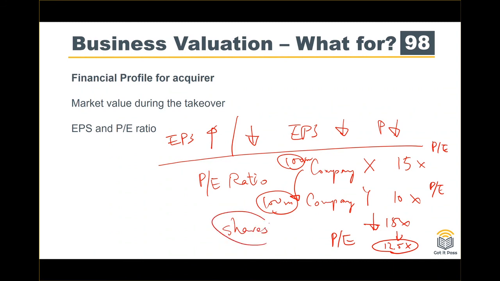When it issues shares to buy company Y, it is more beneficial to its shareholders, because a higher valued company is buying a relatively low value company, which finally can combine so that the payback period for the shareholders of X will be much faster, much sooner than the others.